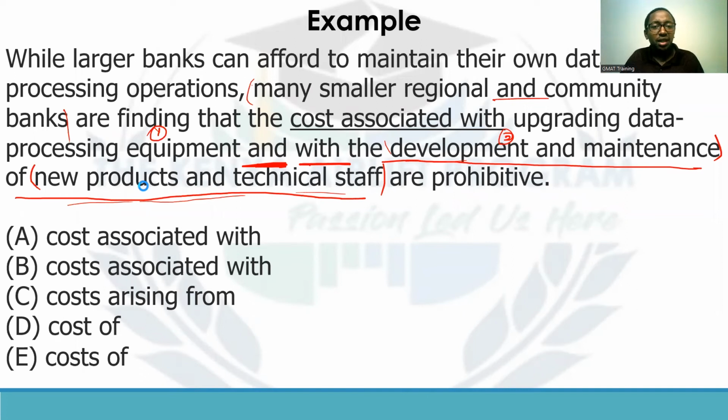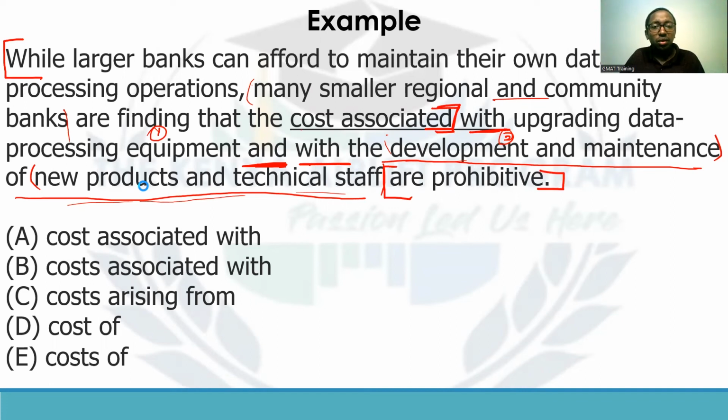And then the first item in the list, cost associated with upgrading data processing equipment. We have our stem, which is from "cost associated", then from here.